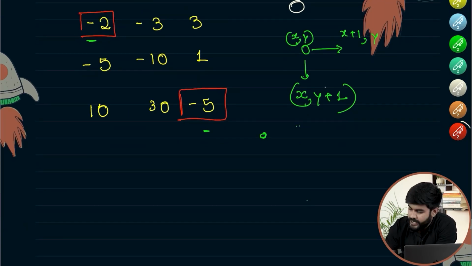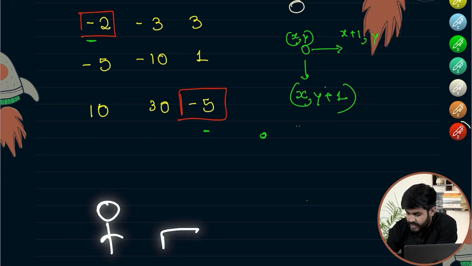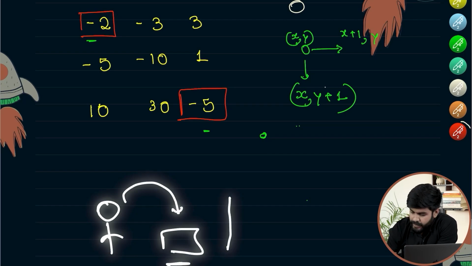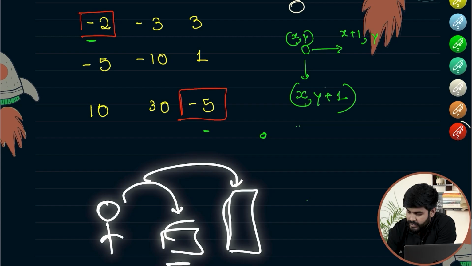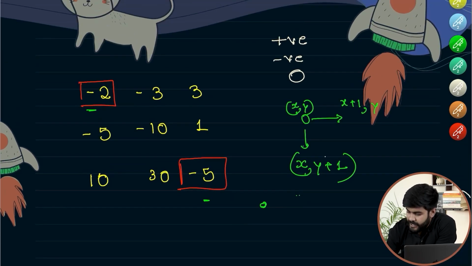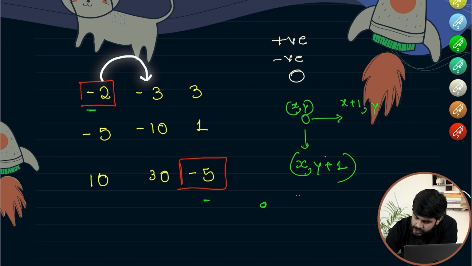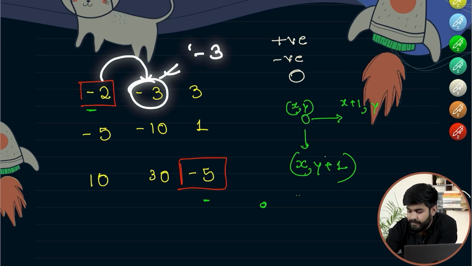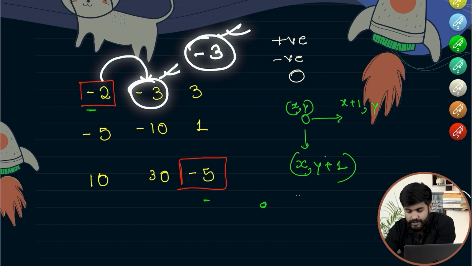For those who can't really visualize, I would help visualize. Let's say this is Mario. So let's say he jumps in here, so he would lose some health. But if he jumps here, he would gain some health. In the same manner, if I take a jump on -3, I would have a loss of health of 3.